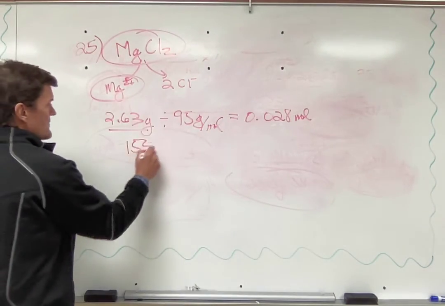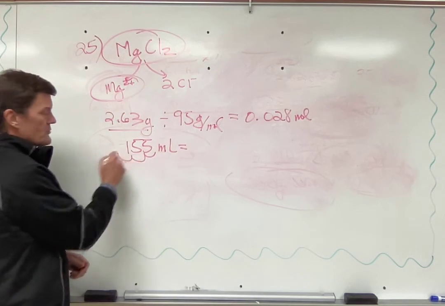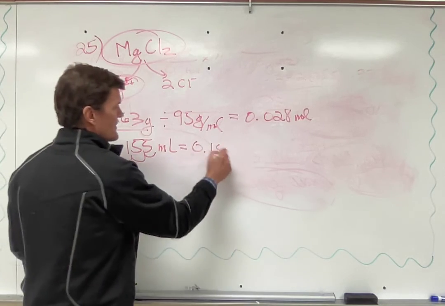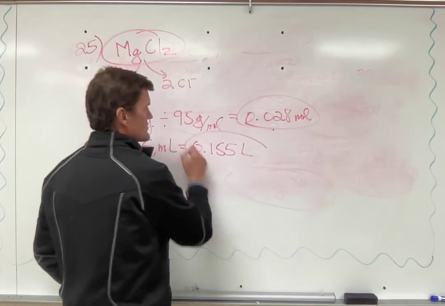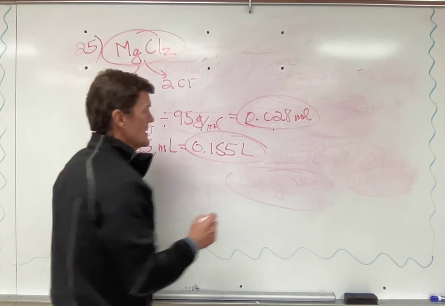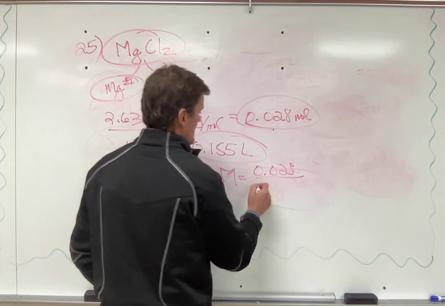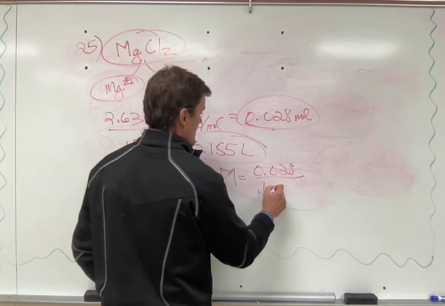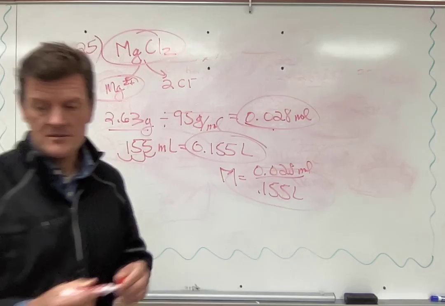So 155 milliliters, you have to move this decimal over 3 places. So that's 0.155 liters. So there's your moles, there's your volume, and for molarity, you just take moles divided by volume.